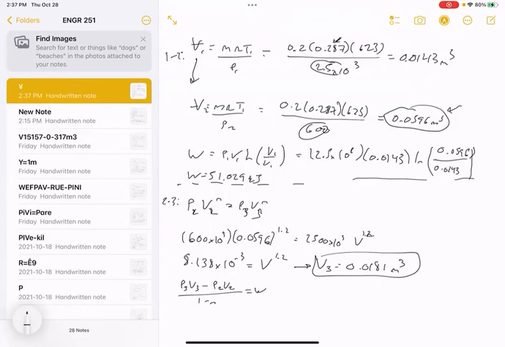V3 we just found, 0.0181. Minus P2 V2, where P2 we saw was 600 times 10 to the 3 pascals, times V2, which we found in the first part of the cycle, 0.0596. All of that gets divided by 1 minus n, which is 1 minus 1.2.